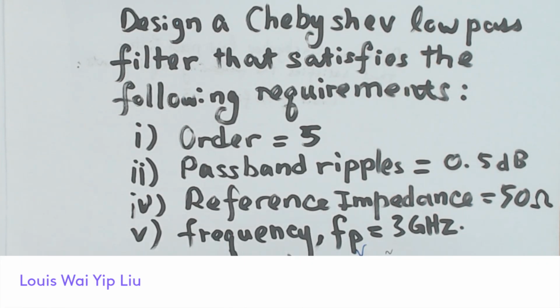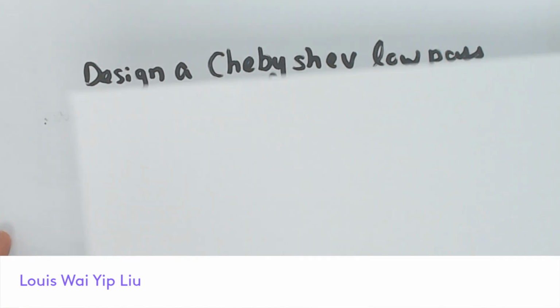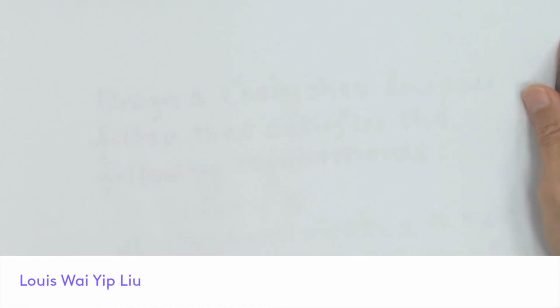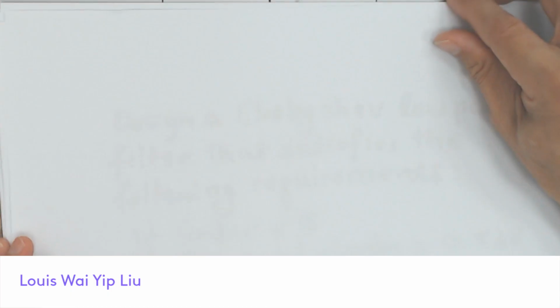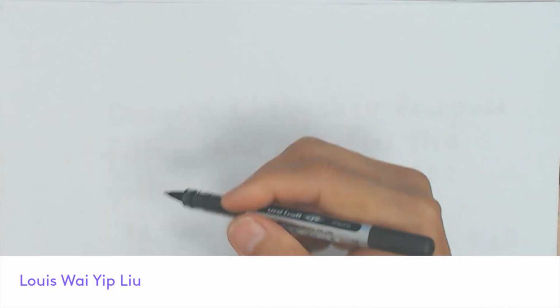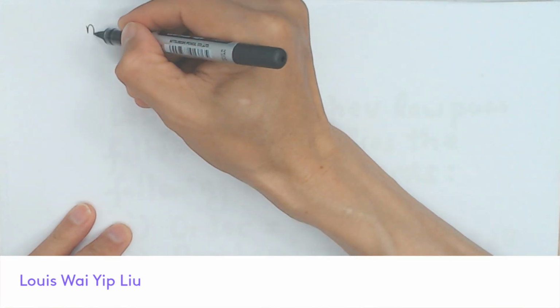And finally, the reference impedance and frequency. This could be addressed later. Okay? So n is equal to 5.